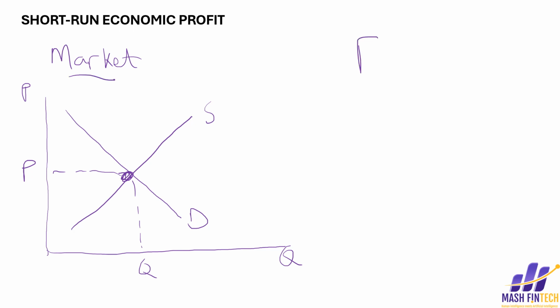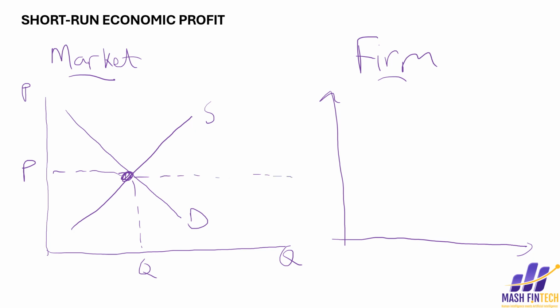The firm is going to take the price as given by the market. So for a single firm, the price is taken from here. This price, they are price takers, no market power. They take this price, and this price determines their demand, which is the average revenue, which is the marginal revenue, right?